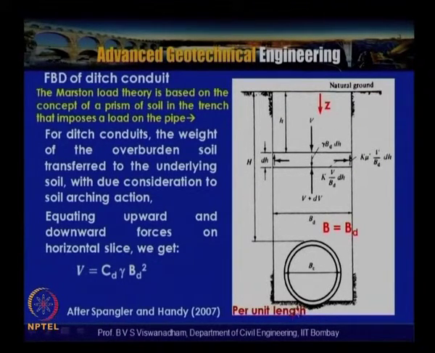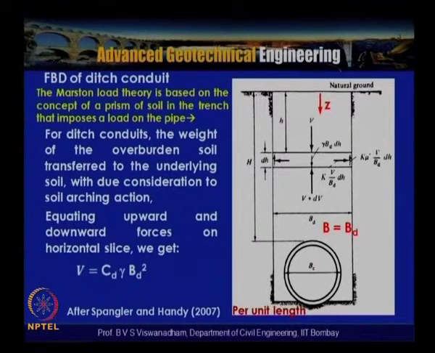This is called the bedding of the pipe, and we consider per unit length. The Marston load theory is based on the concept of a prism of soil in the trench that imposes a load on the pipe. For a ditch conduit, the weight of the overburden soil is transferred to the underlying soil with due consideration to the soil arching action.